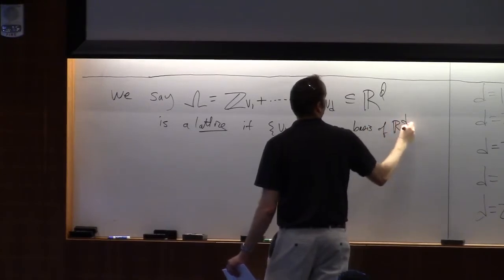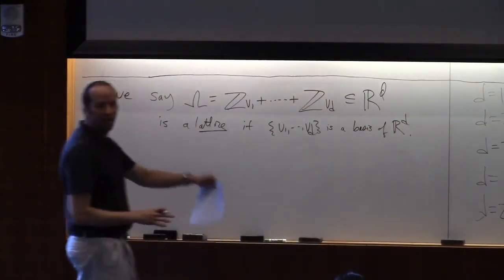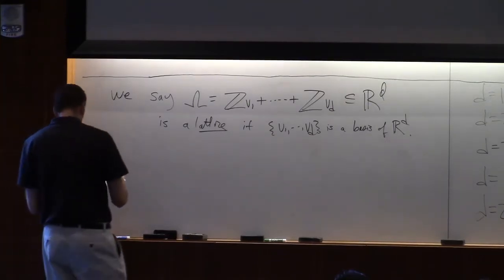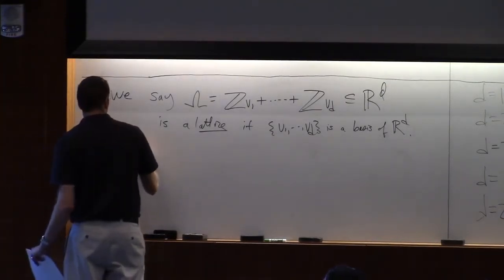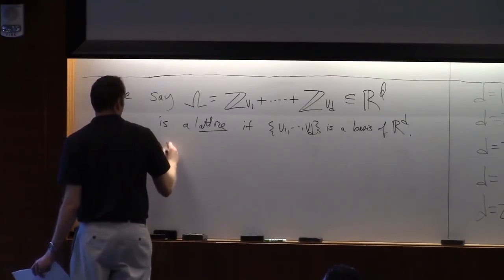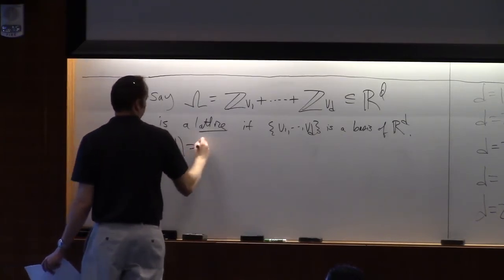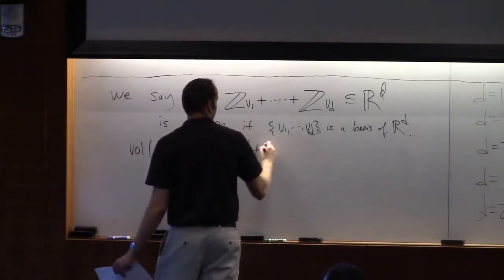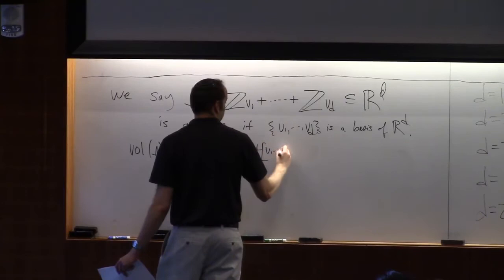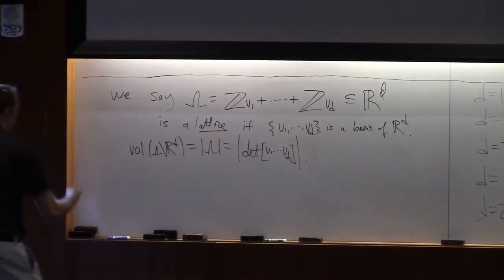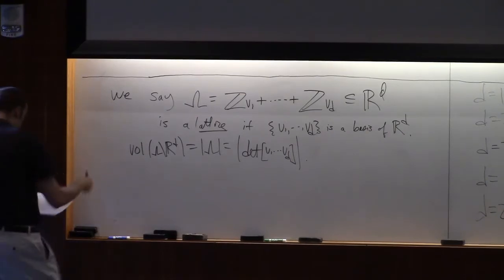So this is a discrete set of points in d-dimensional space whose rank is the same as the dimension of the space. And just some other notation: the volume, which really can be called the covolume, of the lattice, which we denote by lambda, is the absolute value of the determinant of this basis set, if you put the vectors, say, as the columns of a matrix. Of course, the determinant could be plus or minus the volume, so you put absolute values in.